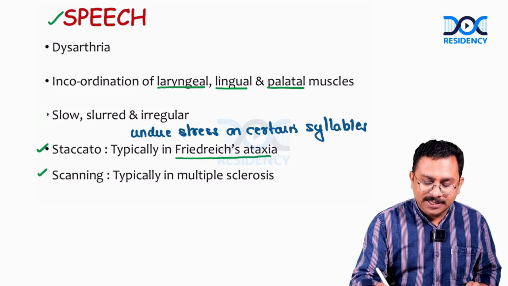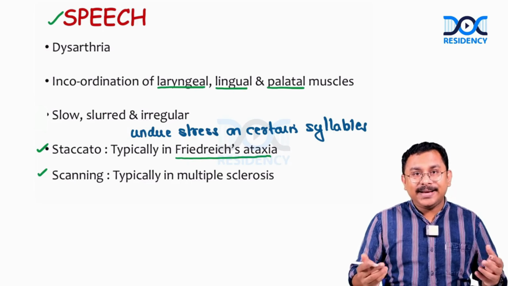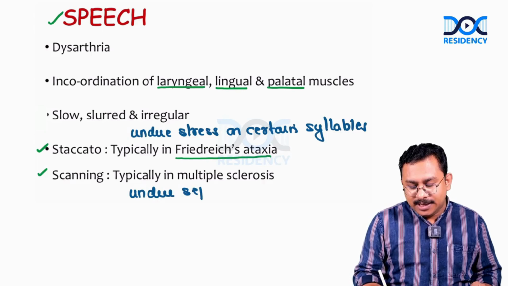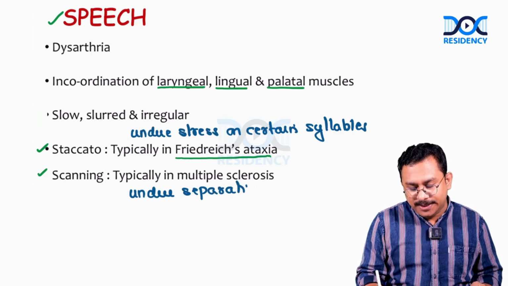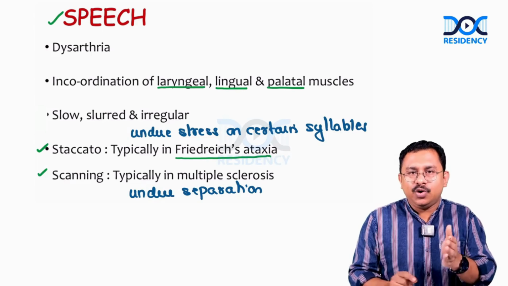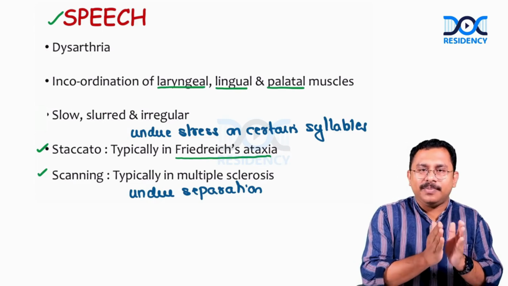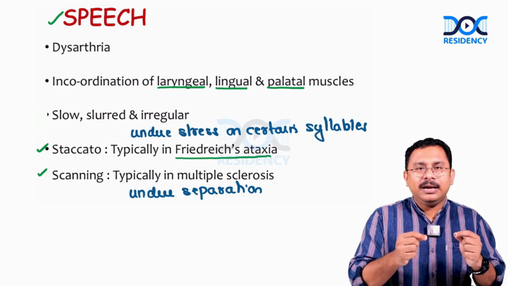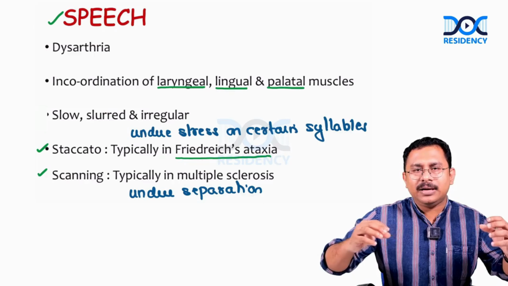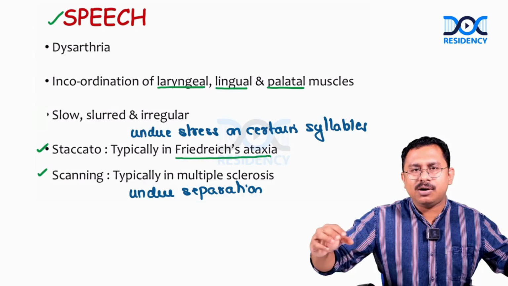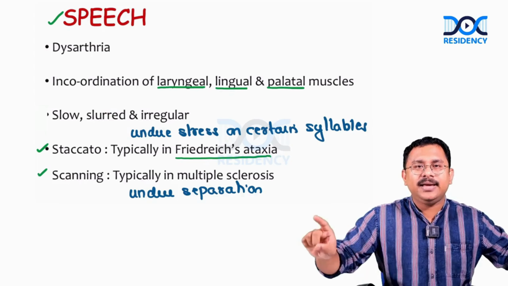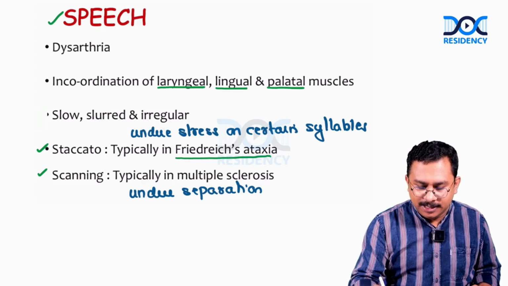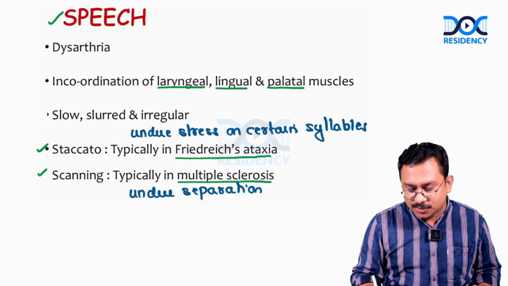Scanning speech means there is an undue separation of syllables. It's not undue stress here, it is undue separation, which means the same sentence that I told you a while back, instead of my name is Rahul, the patient would say, my... name... is... Rahul. There will be a scanning type of speech. This is typically described in case of multiple sclerosis.